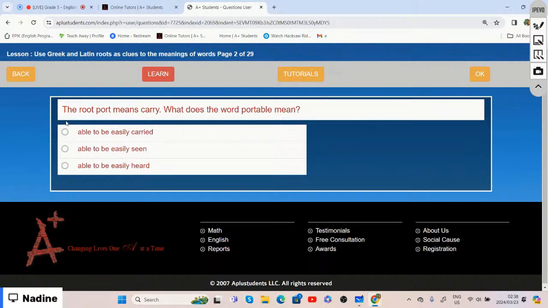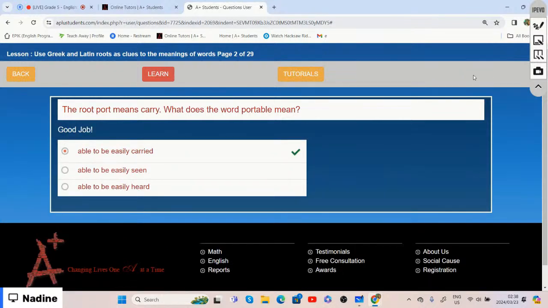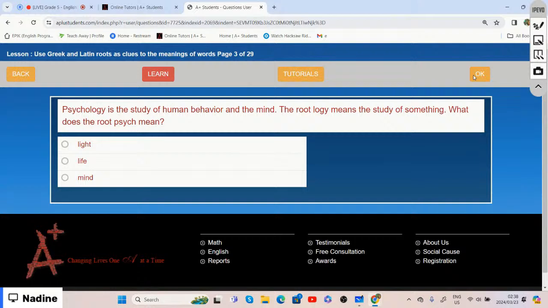All right, so if the root port means to carry, then portable will mean that it is able to be easily carried, right? It stems from our root word and the meaning being carry. So well done.